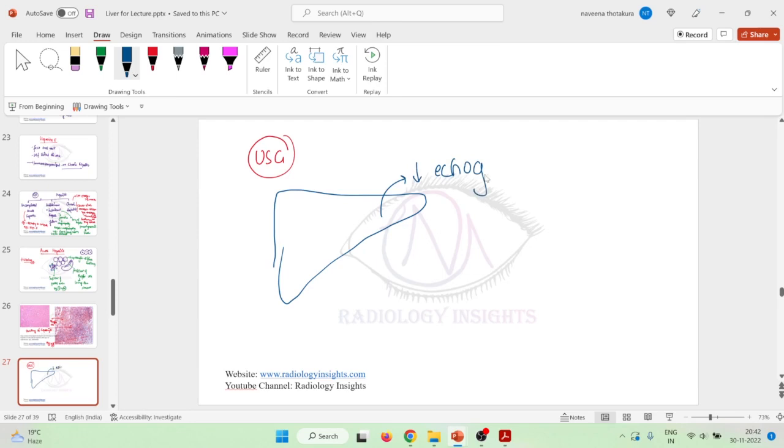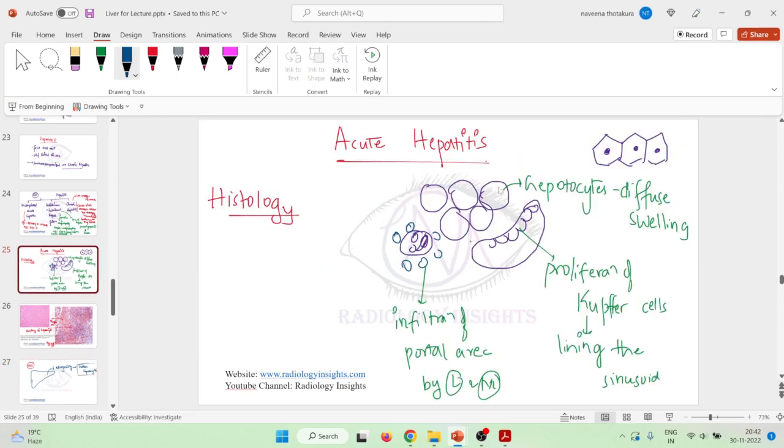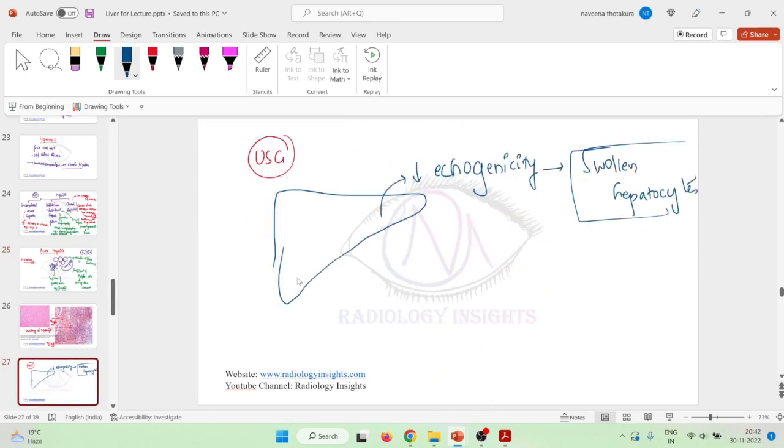Number one, there is decreased echogenicity. Why? Because of swollen hepatocytes. Because they are swollen, their structure has changed, and there is increased water content inside the liver cells. Obviously, water will decrease the echogenicity. So as a result, there is decreased echogenicity.